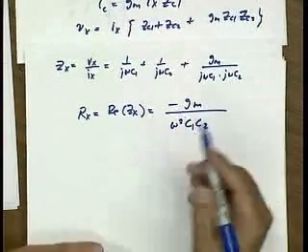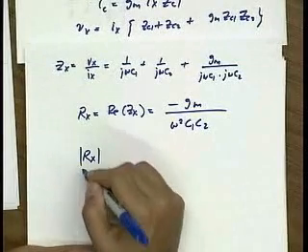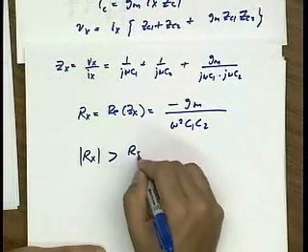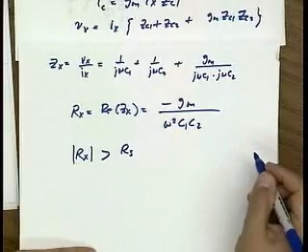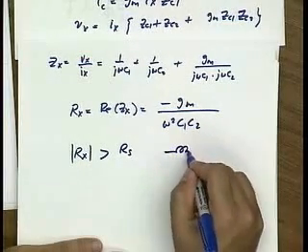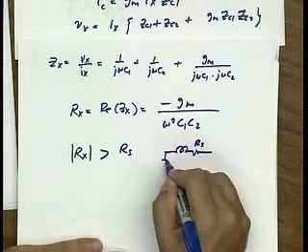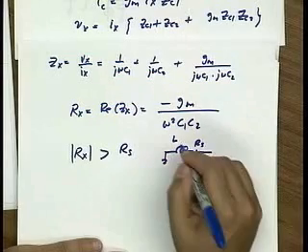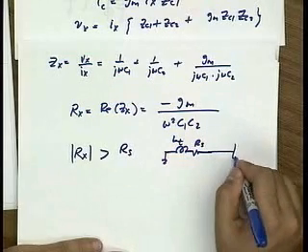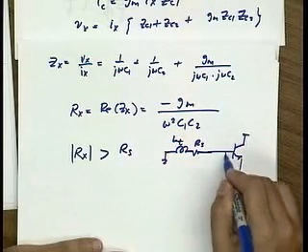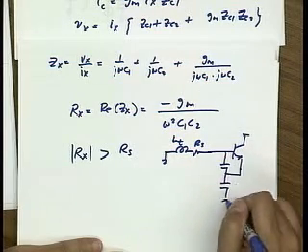Now in practice, what we want is that Rx should be bigger than Rs, where Rs is the series resistance that we hook up. So here's Rs, here's the tank inductance, let's say L tank, and we're going to hook this up as follows.